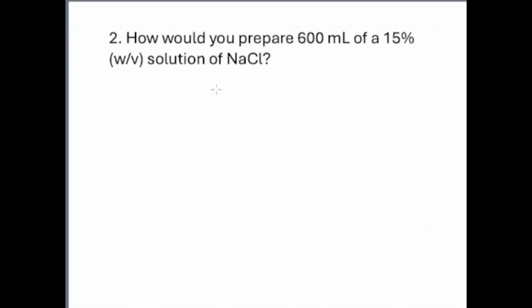Okay, how would you prepare 600 mils of a 15% W/V solution of sodium chloride? Well, again, we can use the same logic we've been using before. 15% W/V means 15 grams per 100 mils. But we don't want 100 mils, we want 600 mils.